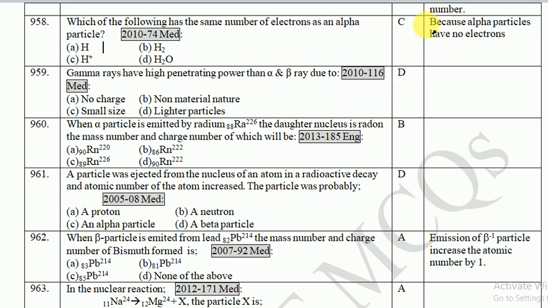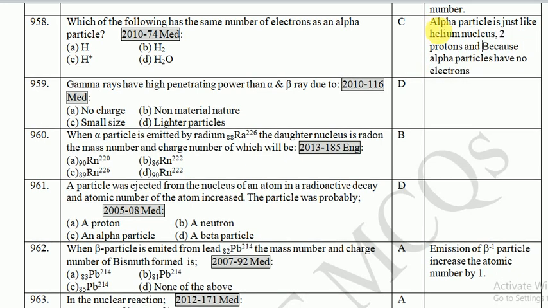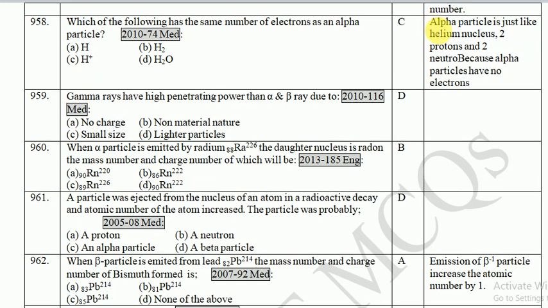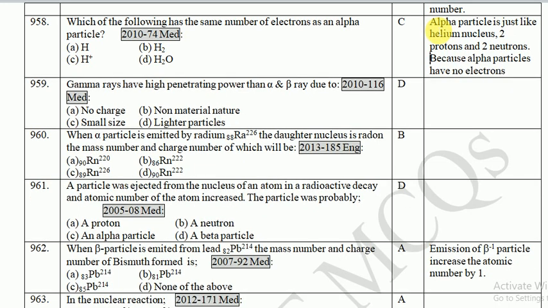An alpha particle is just like a helium nucleus, only containing 2 protons and 2 neutrons. So an alpha particle has no electrons.